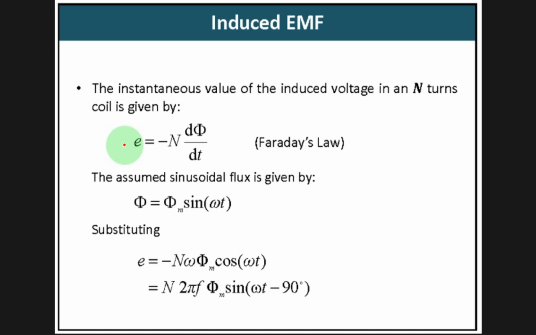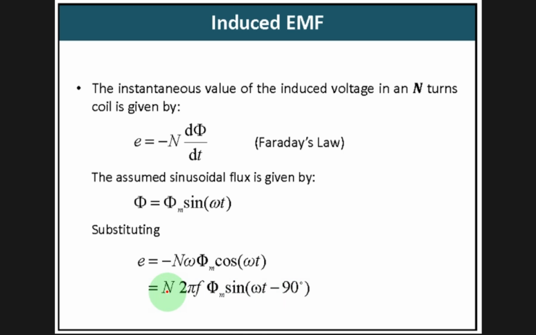If you want to express this in sine, you can write it as sin (omega t minus 90), and then this minus will also go off. So the induced EMF will be N into 2 pi f phi m sin (omega t minus 90).